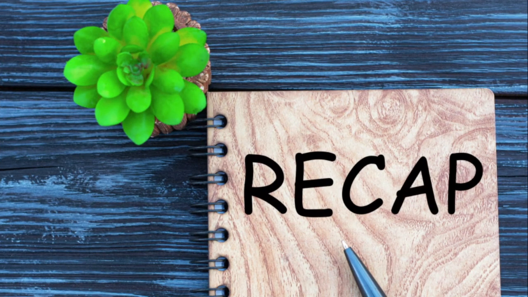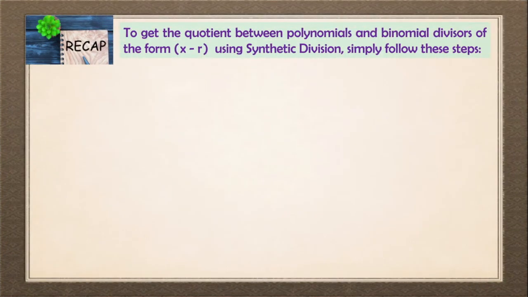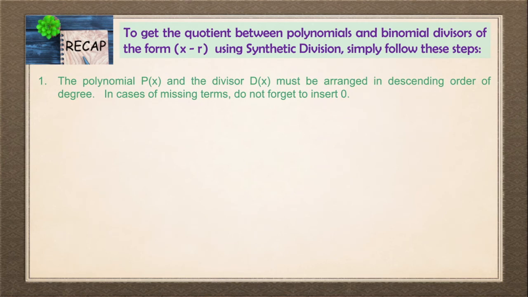Now let's have a recap of what we have discussed so far. To get the quotient between polynomials and binomial divisors of the form x minus r using synthetic division, simply follow these steps. First, the polynomial p of x and the divisor d of x must be arranged in descending order of degree.